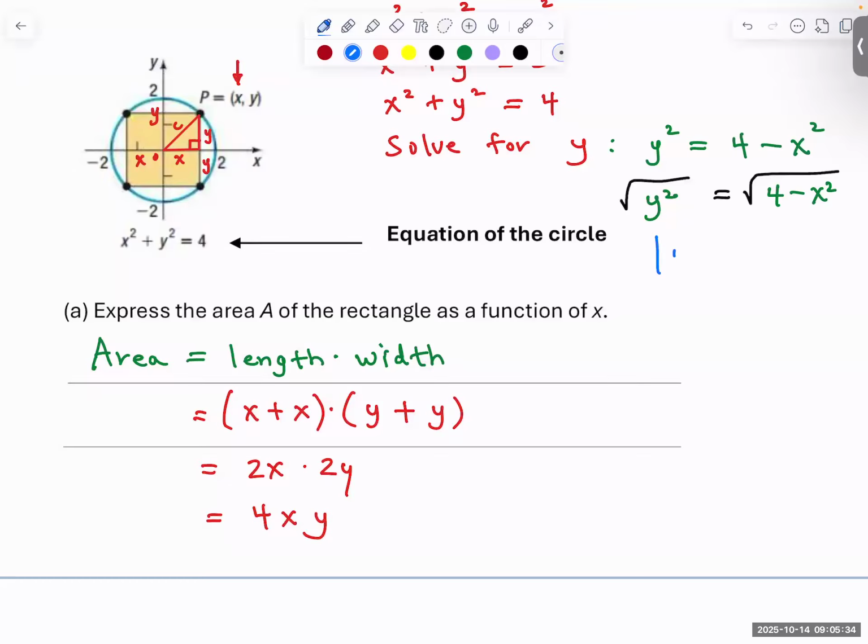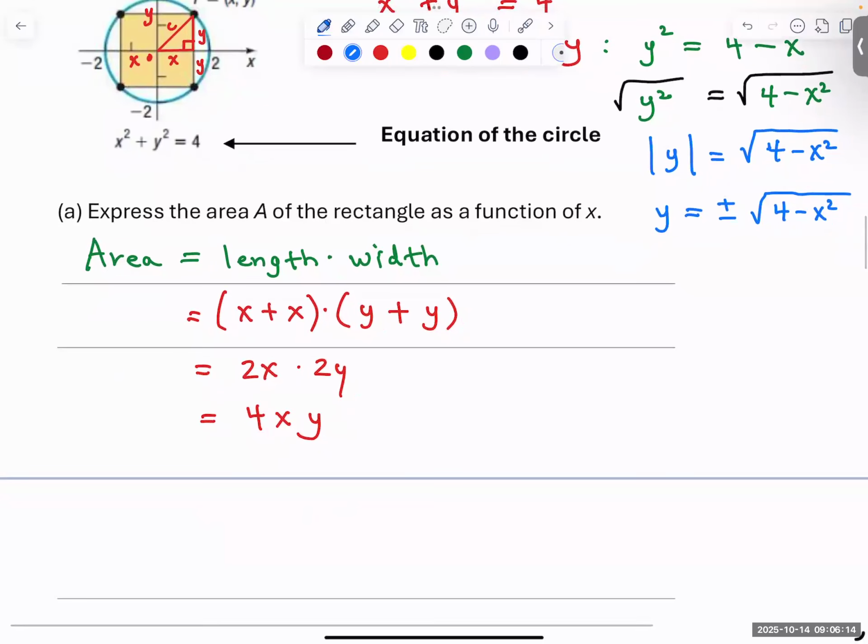That gives the absolute value of y. Since y as a coordinate is positive or negative, y is positive as a coordinate in quadrants 1 and 2. Y is negative as a coordinate in quadrants 3 and 4. So y is positive or negative as a coordinate depending on the quadrant. But as a length, to calculate the area, y is positive.